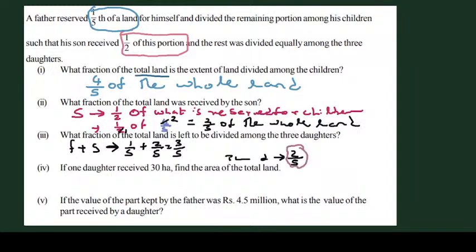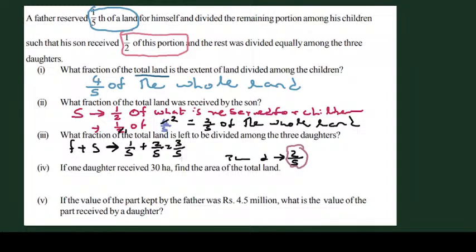So how do we connect this 2/5? Can we say 2/5 of the entire land is 30 hectares? No, right? 2/5 is not what one daughter is getting. 2/5 is what all three daughters are getting.